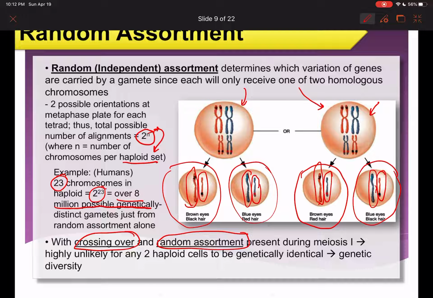Identical twins actually come from the splitting of the embryo itself, not two different eggs and two different sperm. That is why when you have two different eggs and two different sperm, they look very different from each other, due to these two processes in meiosis in the creation of your egg and sperm cells.